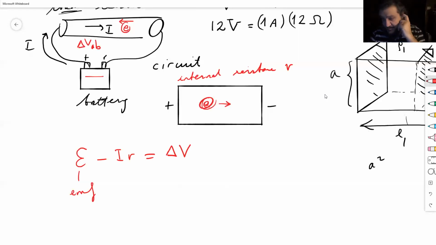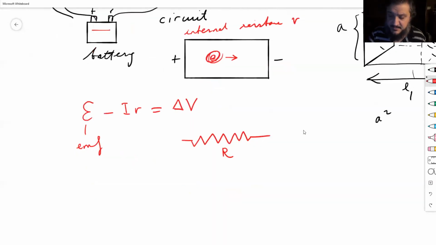All right, that's for a battery. Now, by the way, the symbol for a resistor is this zigzag line you will see in circuit diagrams. That means resistance, so we have that R. And batteries are usually shown with this symbol here, for the EMF.